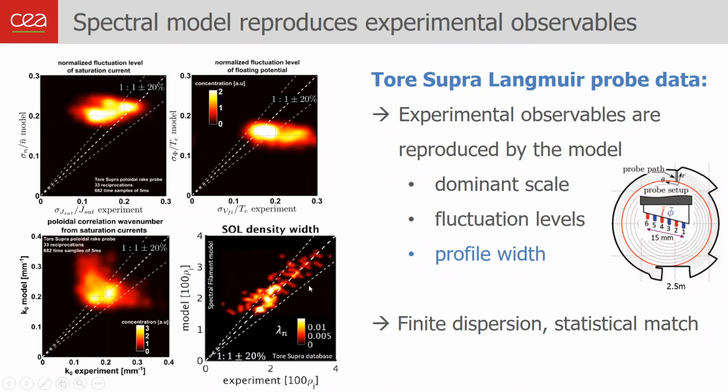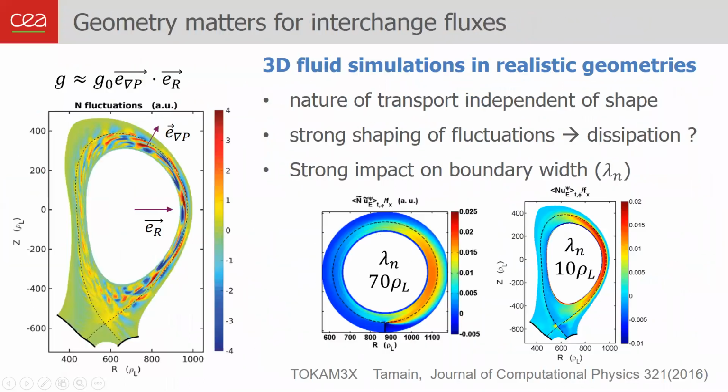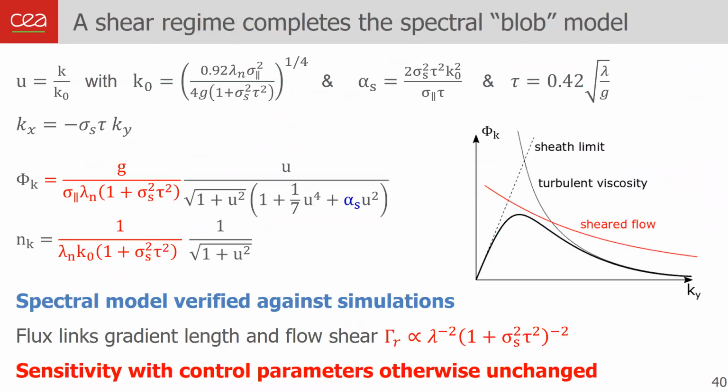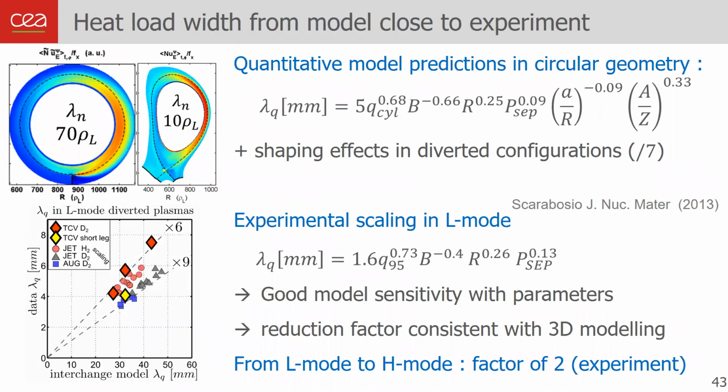So in fact, in this circular plasma experiment, it is true that the shearing rate in the scrape-off layer is very weak. But we checked that we were in the weak shear regime to apply these models. Now, it is a good point. I did not check, and we should discuss this with Patrick, on these TOKAM3X simulations, in which shear regime were we in the scrape-off layer? So maybe it's true that it is already impacted by the shear.